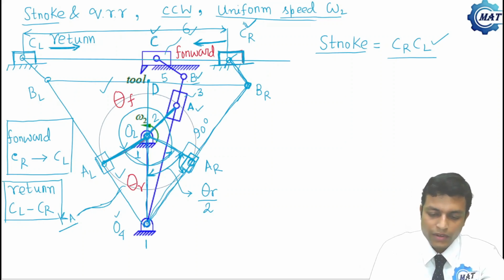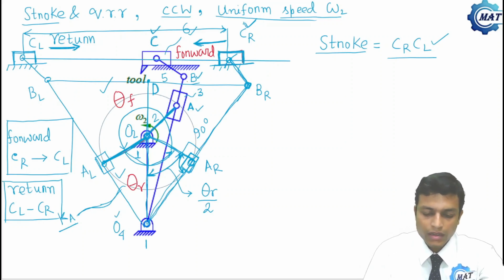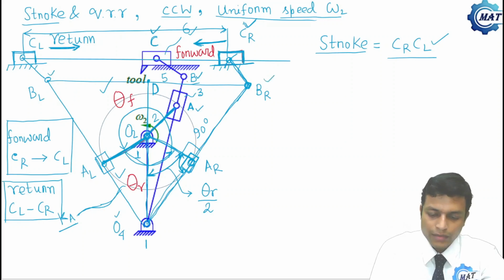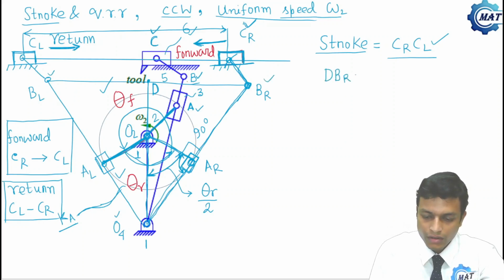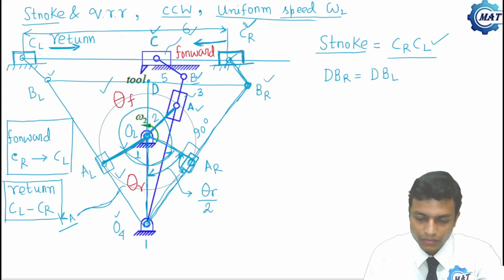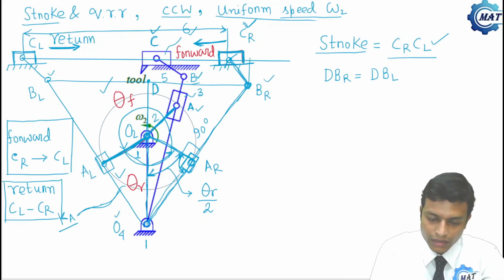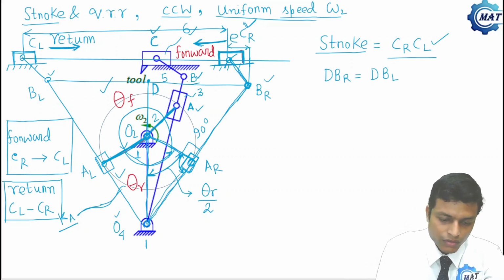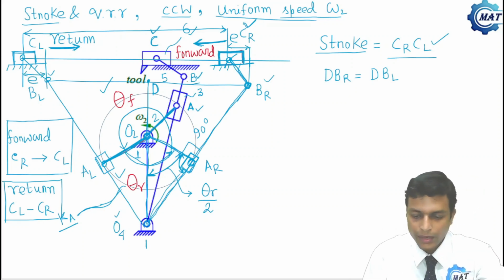So D is the midpoint between BL and BR. So DBR is nothing but DBL. And let us consider this distance as E. Similarly, this will also be E.